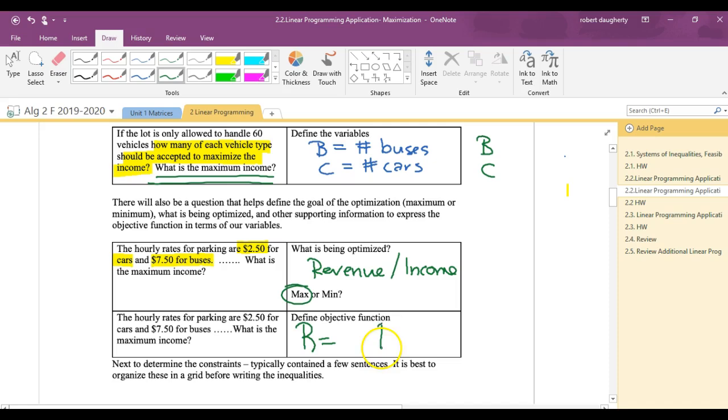So B, how much money do I get for a bus? It looks like I get $7.50, okay? How much money do I get for a car? It looks like that is $2.50 for every car. So note what I did here. My variables were B and C. I listed them in that order. My objective function is in terms of B and C. It is in that order, okay?